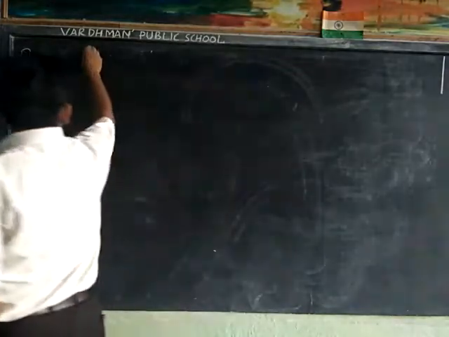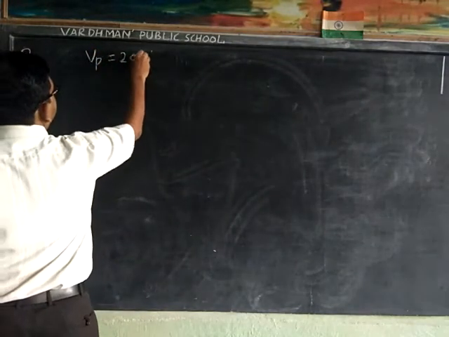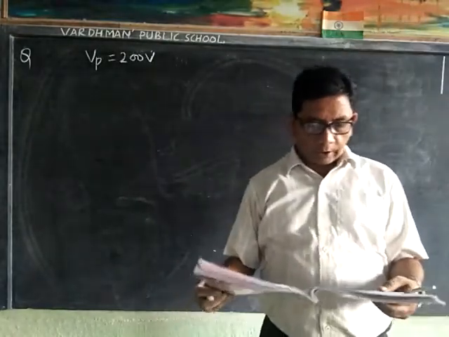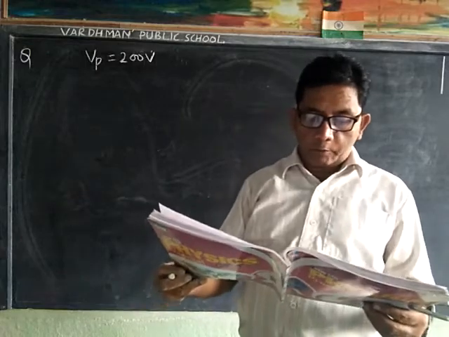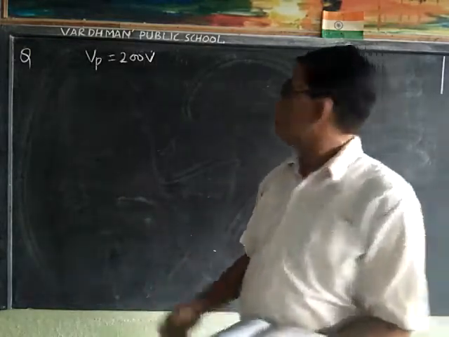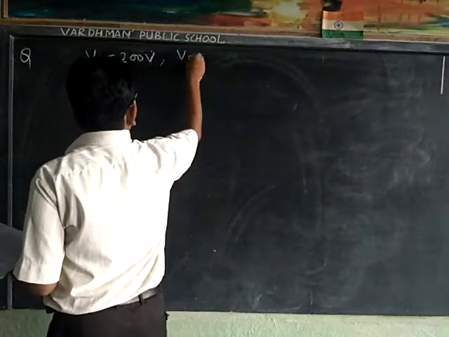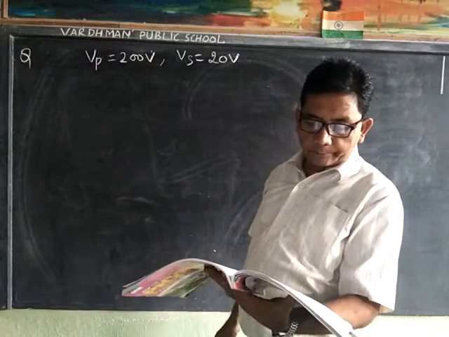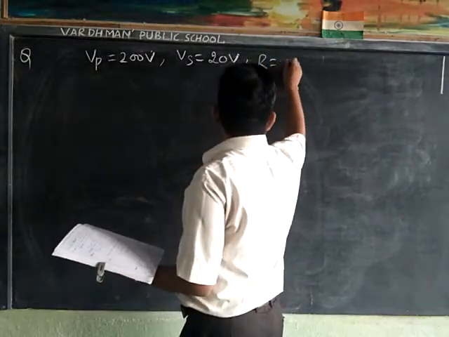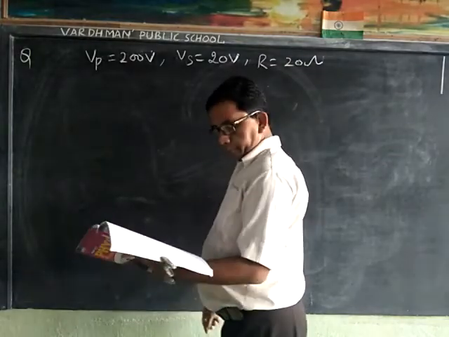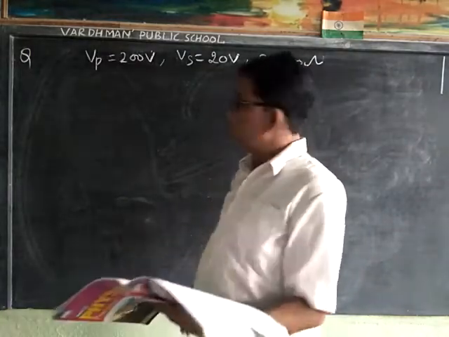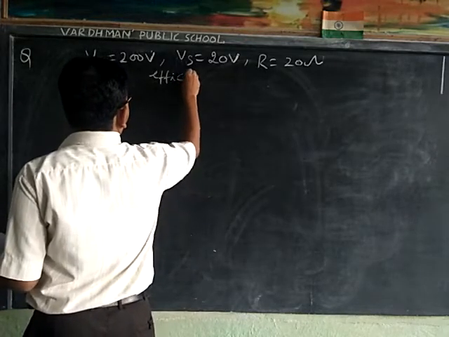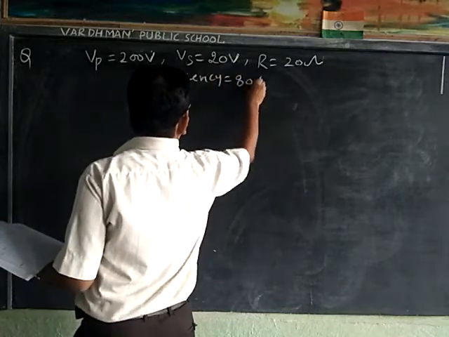Primary voltage Vp is 200 volt, secondary voltage Vs is equal to 20 volt, resistance R is equal to 20 ohm, and efficiency is 80%.